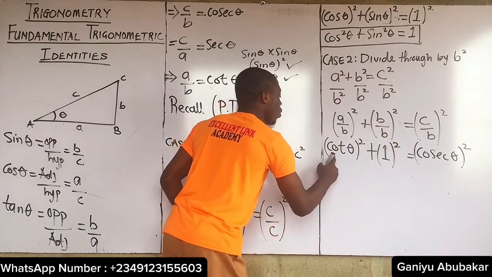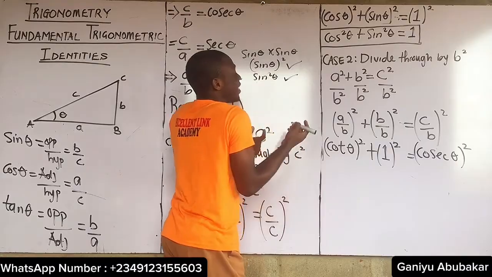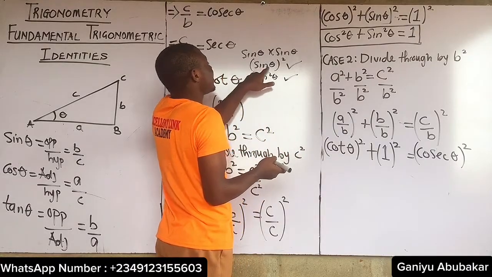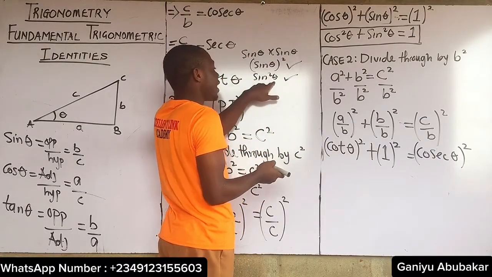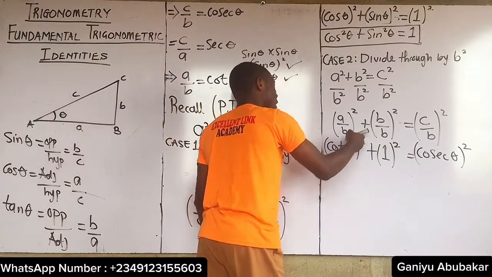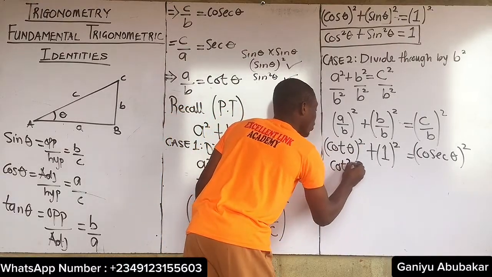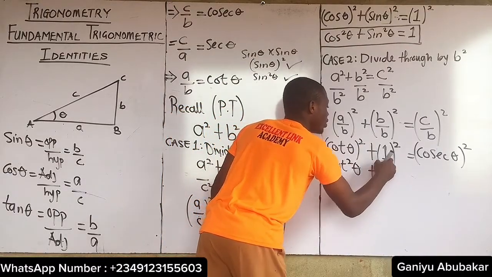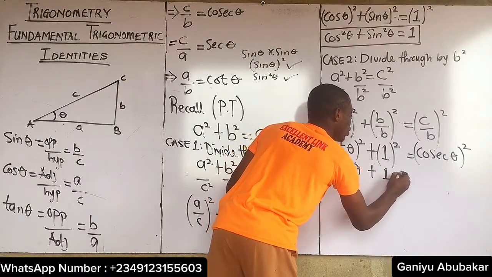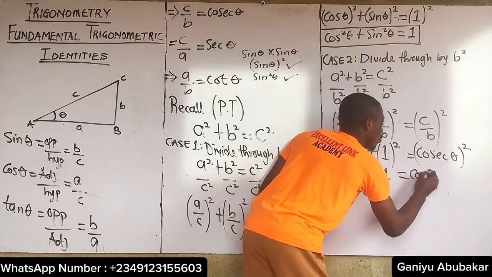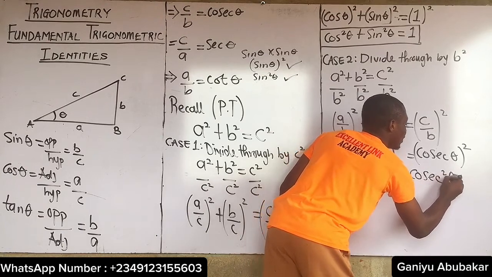From here, sin theta squared can be written as sin squared theta, so cot theta squared can be written as cot squared theta, plus 1 squared, which is 1, is equal to cosec squared theta.